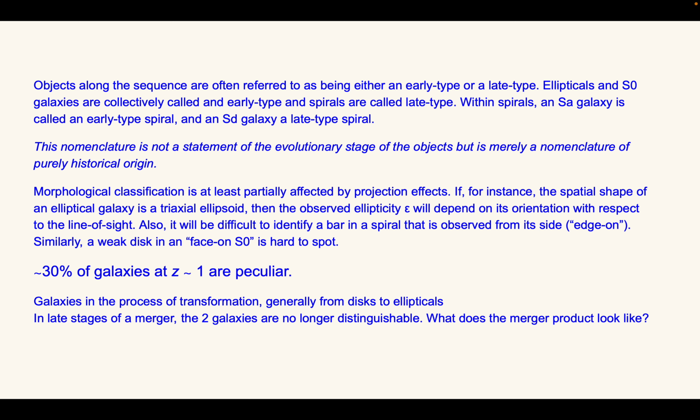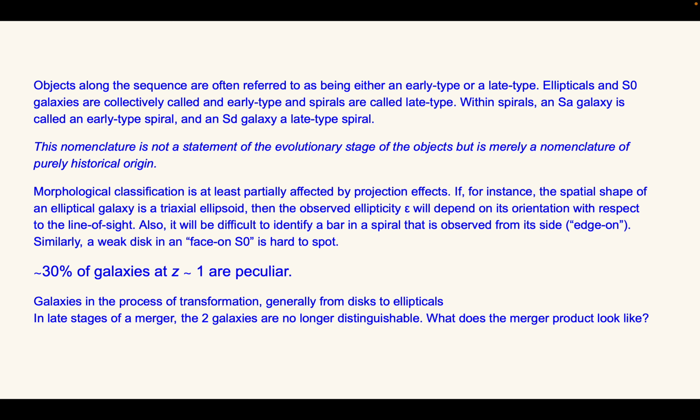Another thing to note, objects along the sequence are often referred to as either early type galaxies or late type galaxies. Elliptical and S0 type galaxies, Hubble collectively called early type, and the spiral galaxies he called late type galaxies. Within spirals, SA is called the early type spiral, and SD is called the late type spiral.